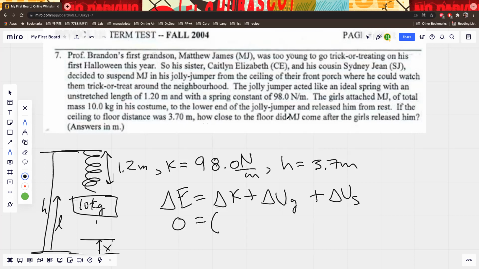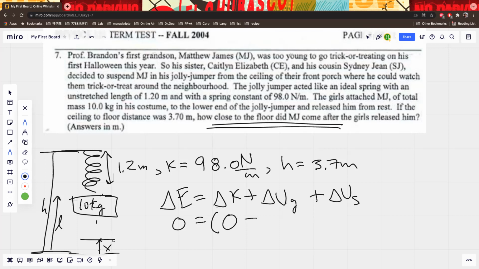It asks how close to the floor MJ comes. So MJ is going to fall a certain distance, and if he still has a velocity at the bottom, then he's still moving. So how far does he travel until the kinetic energy becomes 0? So he starts at rest and ends at rest.